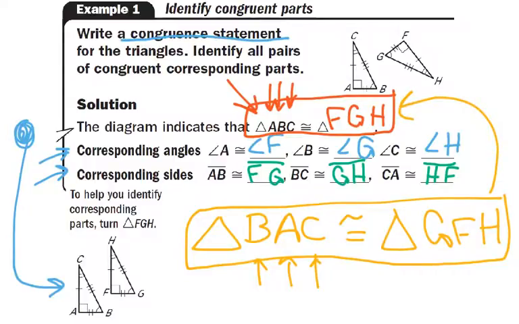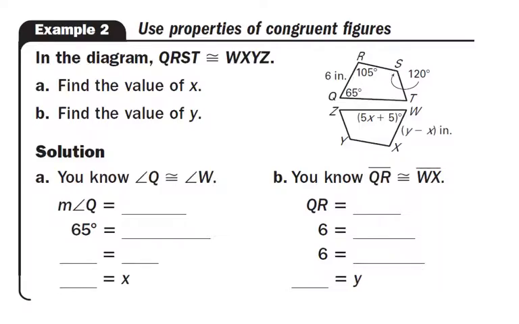Okay? It's just like you can write segment AB as segment AB or segment BA. They are the same thing. Triangle ABC and triangle BAC would be the same. Again, you just have to make sure that your corresponding parts all line up.